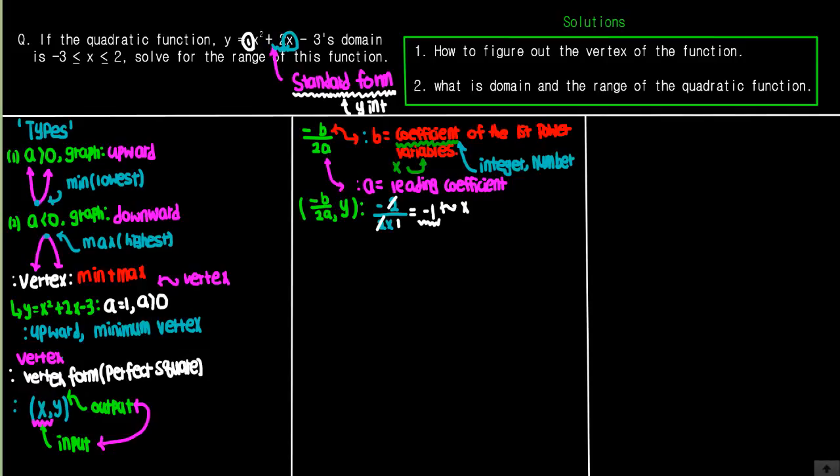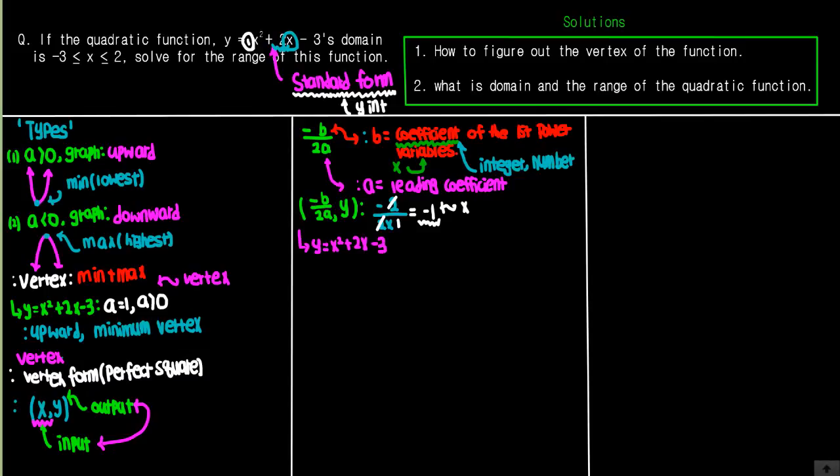coordinate of our vertex. So it is going to be -1, comma y, and for solving for the y, all you have to do is input our x into our original function. And our original function was y is equal to x squared plus 2x minus 3.